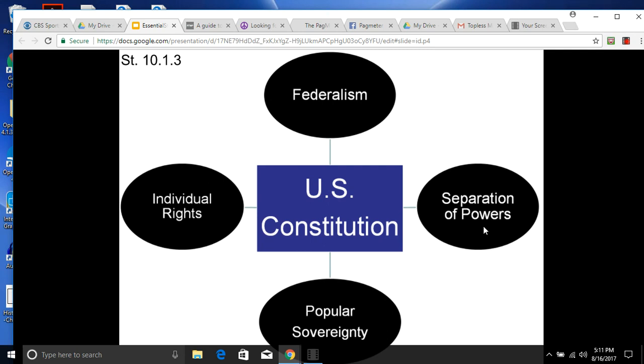That's where each one of those is divided into branches. You've got popular sovereignty, the idea that government power doesn't come from a king and it doesn't come from God or anywhere else. It comes from the people. And then finally, the idea that human beings have rights that governments cannot take away.